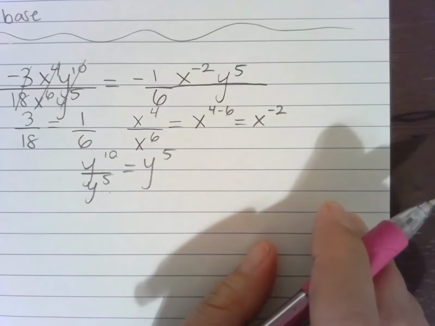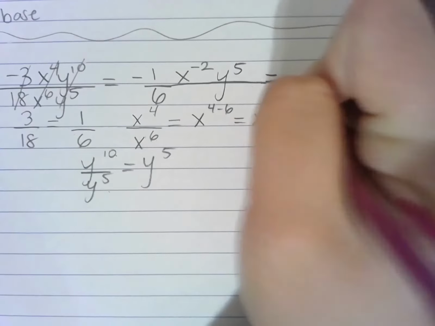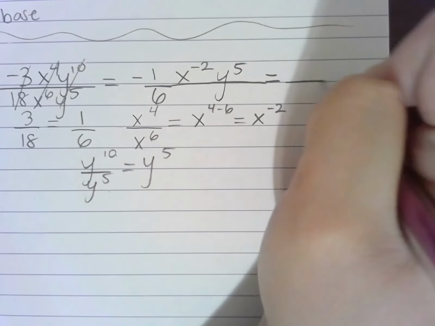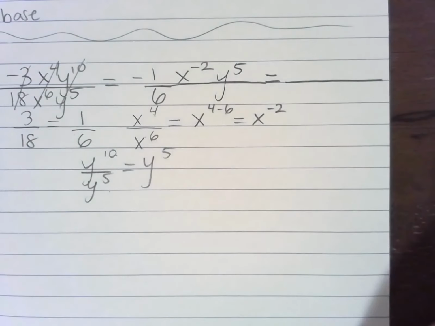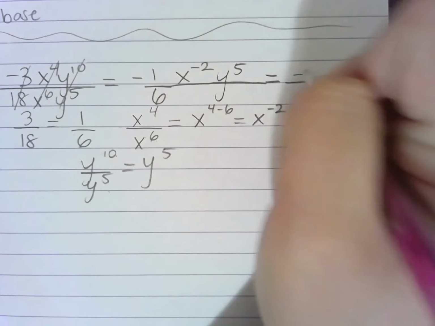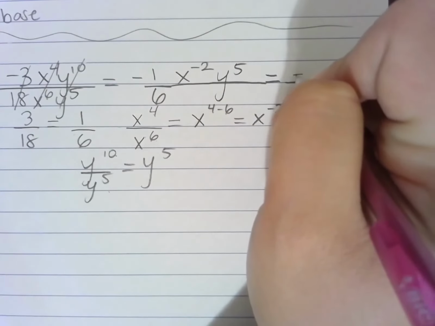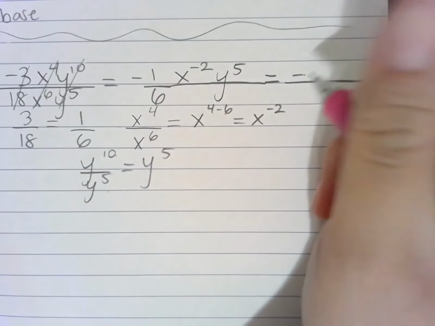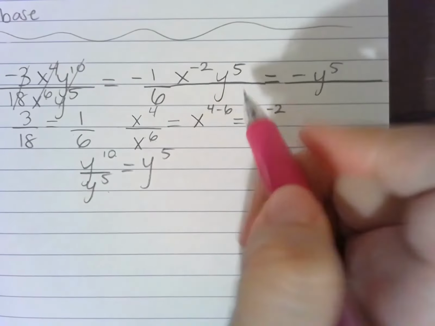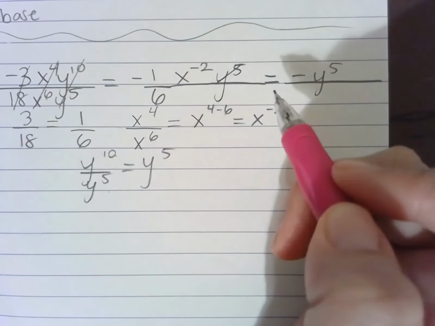Okay, and then the final step is we don't want to have any negative exponents. So we're going to keep stuff at the top and we're going to have stuff at the bottom. So what stays at the top? We have the negative 1, which we don't normally write, so I'm just going to write negative. y to the 5th, because that's a positive exponent.